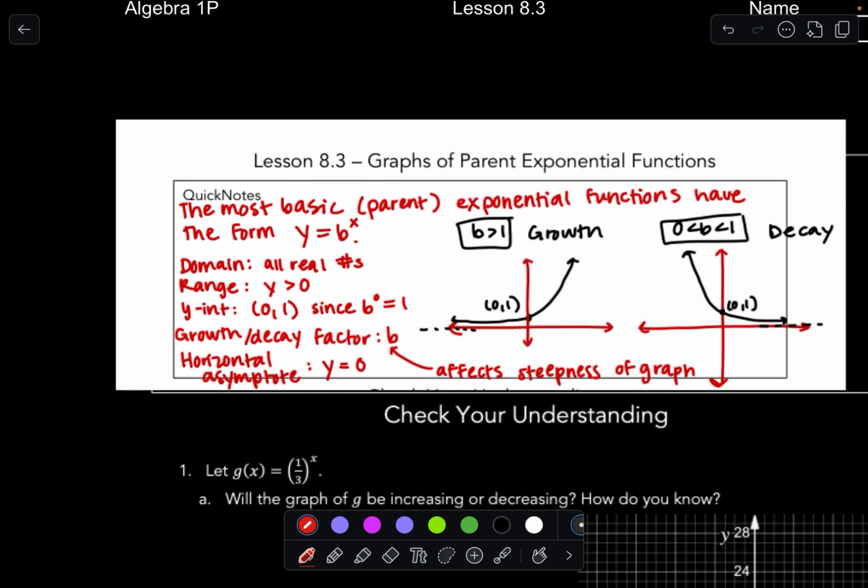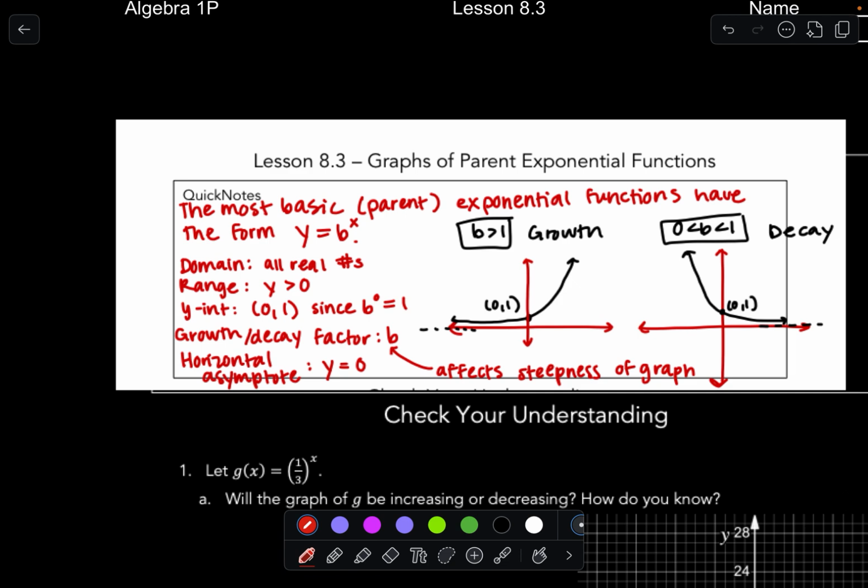Quick notes. The most basic exponential functions have the form y equals b to the x. They call this the parent exponential function, where b is some positive number. The domain is all real numbers. The range will always be y is greater than 0.